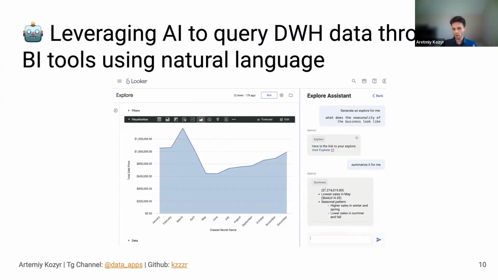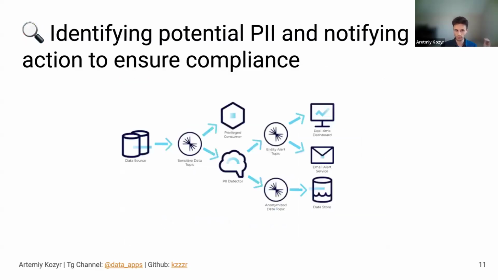Right now, you can leverage AI to query this data. You can prompt with natural language and get results from the database. It's becoming possible, but there is some input you have to provide to achieve this.